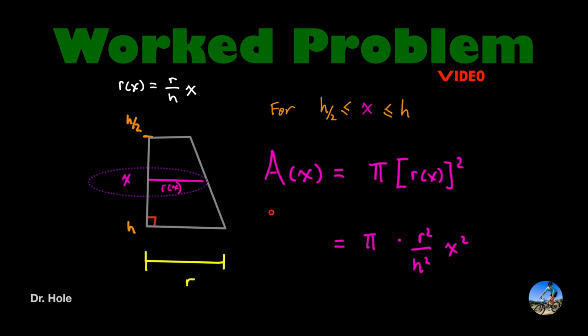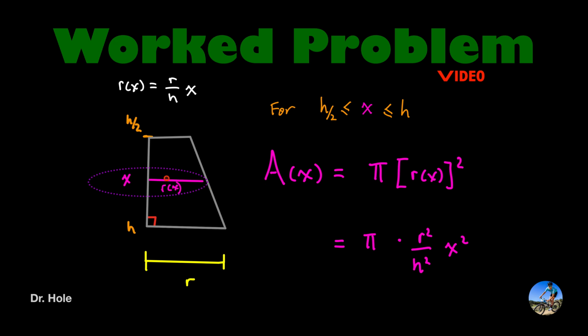Well, let's come back and look at a vertical cross-section of the frustum. And we've measured down into the frustum. And at this depth, we have the horizontal right line segment corresponding to the radius of a cross-section of the entire frustum. That cross-section is then going to have some area, A of x.